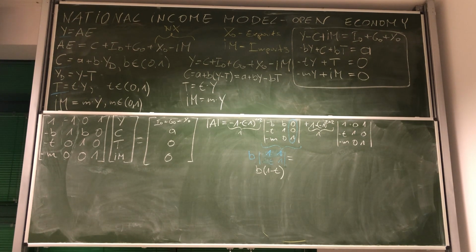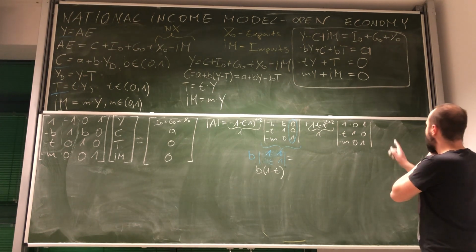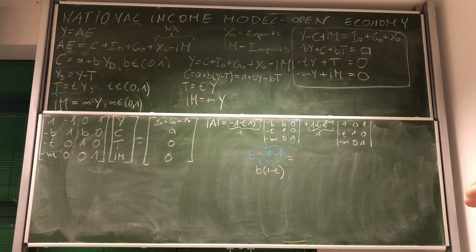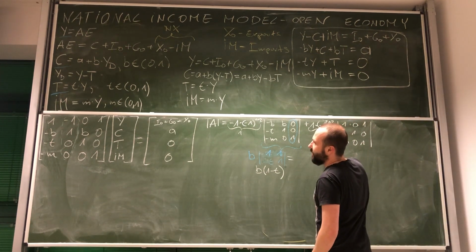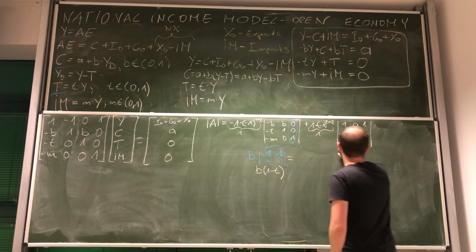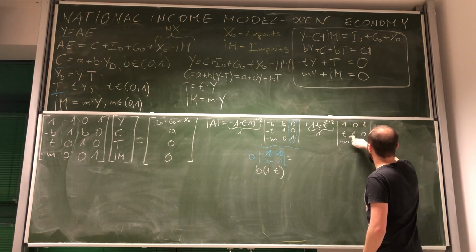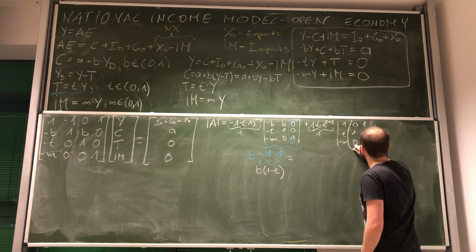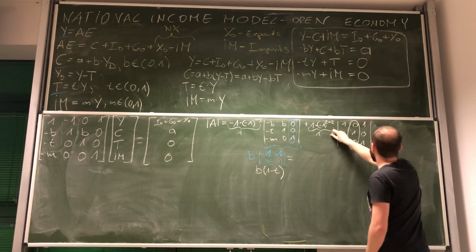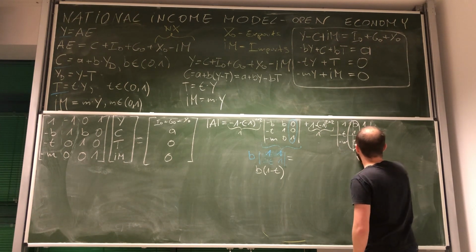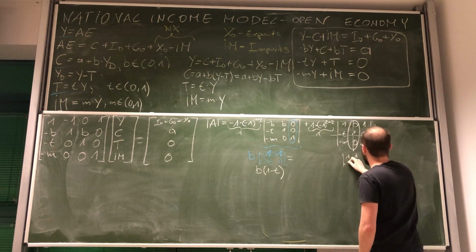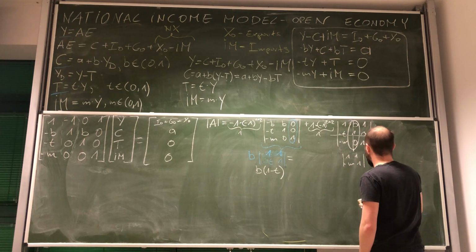It's 3, yeah. Okay, and from here, if I'm gonna make now the expansion by this column, this and this is just gone, and we've got determinant 1, 1 minus m, 1.